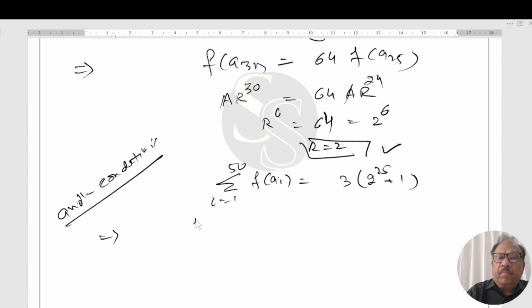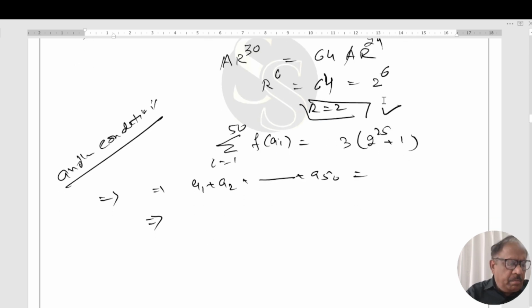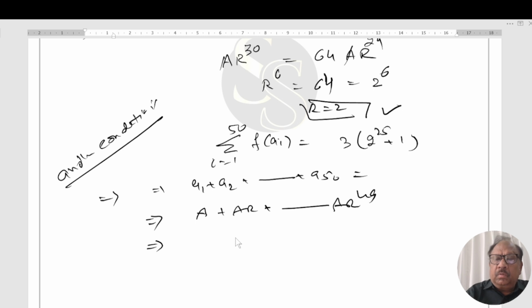Expanding this, a1 plus a2 plus up to a50, this will continue. The first term will be a plus a r plus up to a r to the power 49.